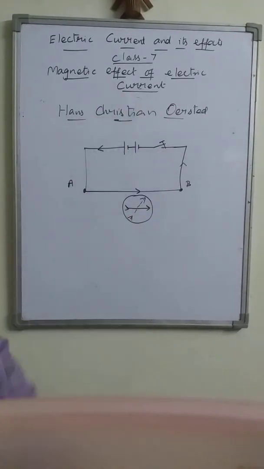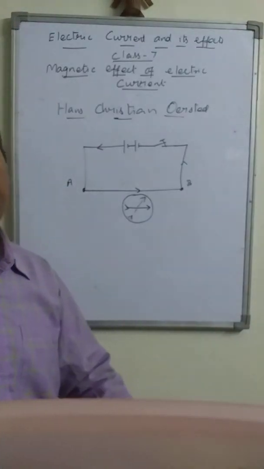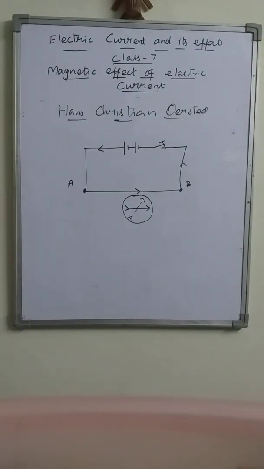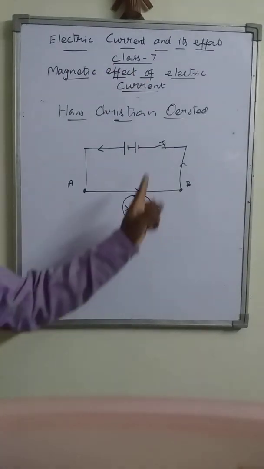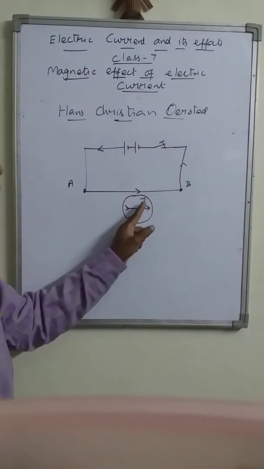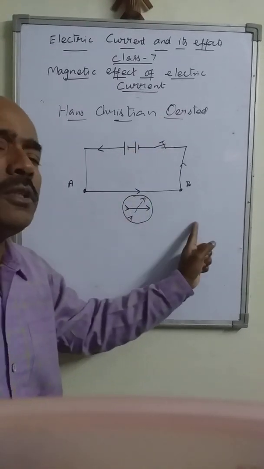On opening the switch, he observed the needle come back to its original position. He repeated this experiment many times. On closing the switch, it shows deflection. On opening the switch, it comes back to the original position.